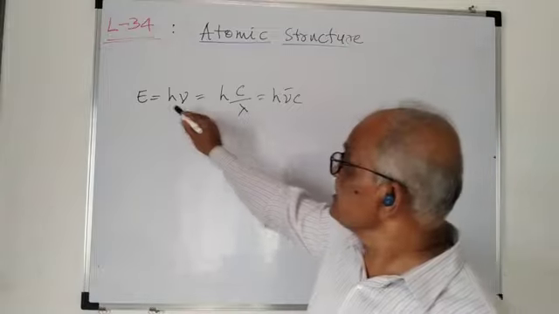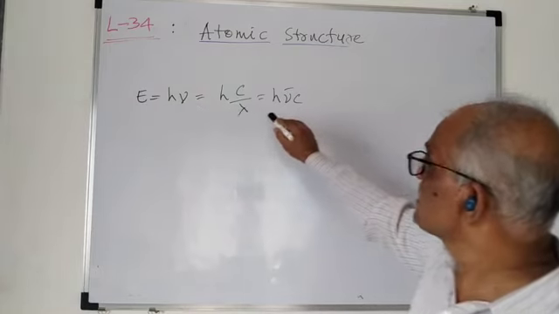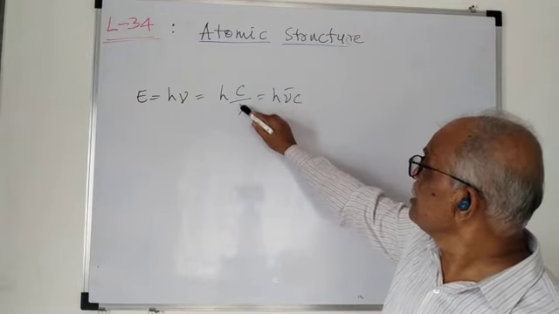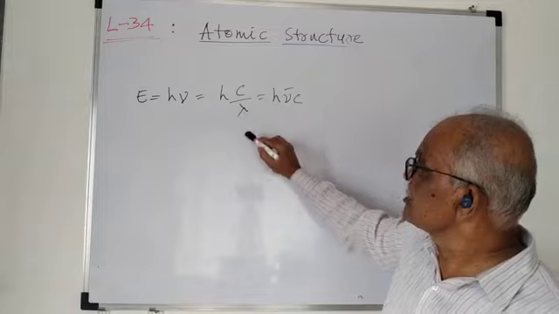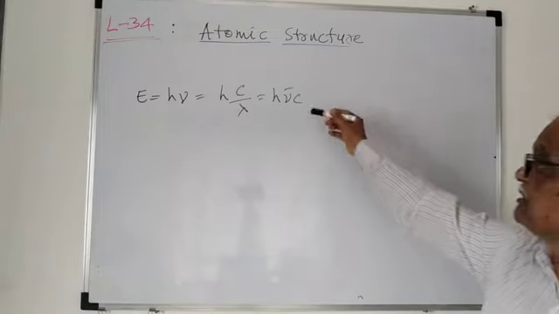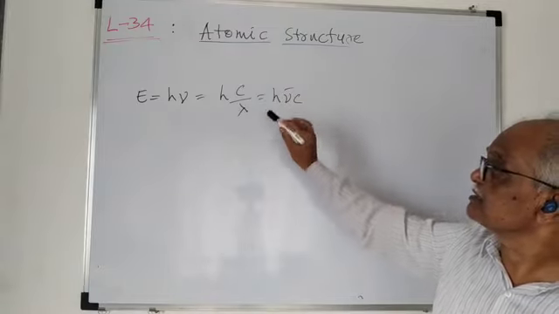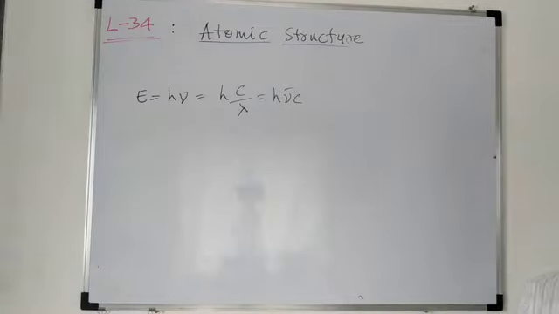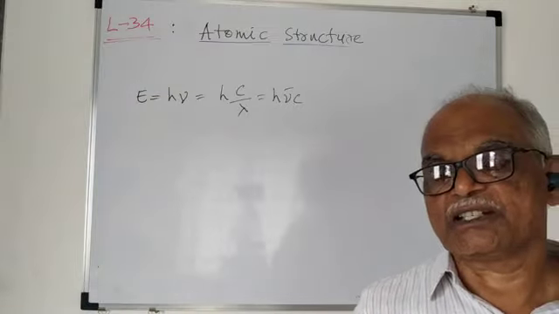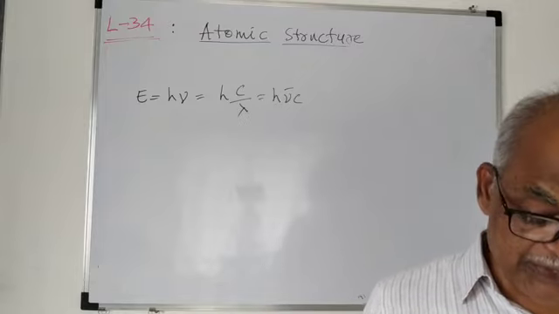So E is the energy of the light emitted, h is Planck's constant, nu is the frequency, c is the velocity of light, lambda is the wavelength, and nu bar is the wave number. So we can have the energy expressed in different terms which are all equivalent, but these terms are used in different fields as per our convenience.